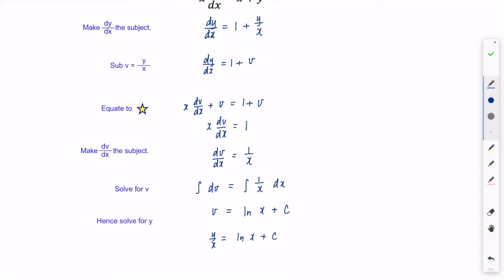Which means that y is equal to x times ln x plus c. And this is the general solution to this differential equation. So this is homogeneous differential equations in a nutshell.